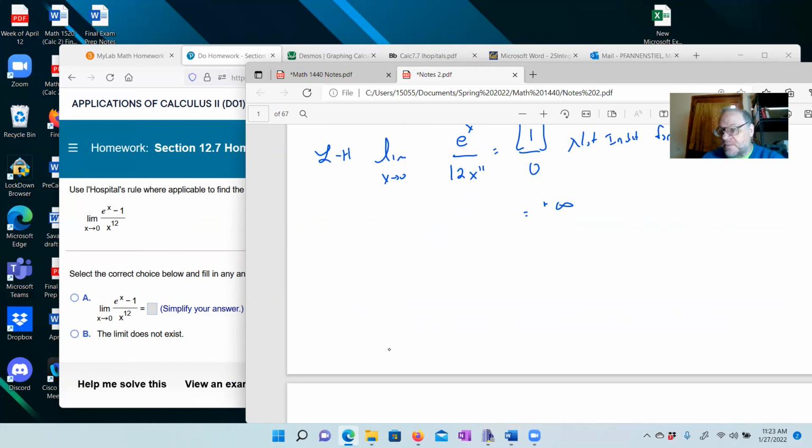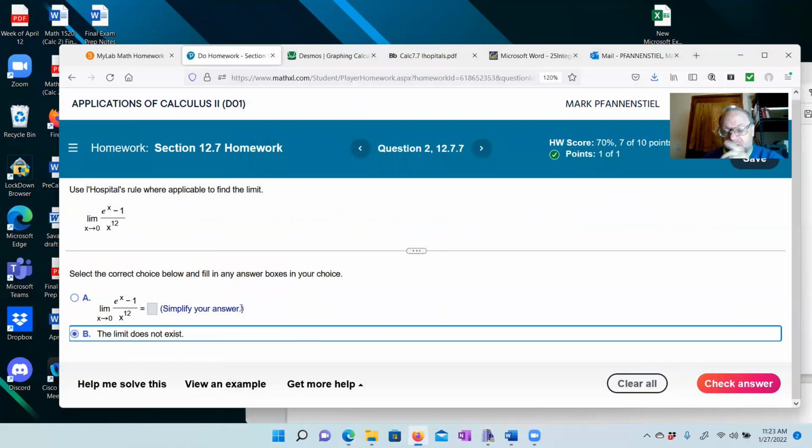So technically, we do not have a limit here, because if it is infinity, it's not a number. It's just going up like this. So this does not exist as a limit. We have to be careful about that. You can't just cavalierly write down infinity. Sometimes you can, but they usually give you a hint, like, if it's infinity, say so. In this case, they want us to be really strict.